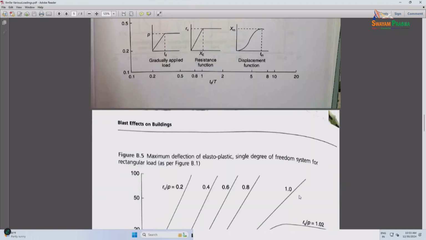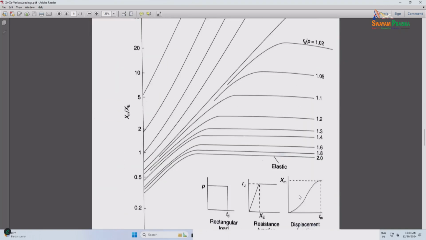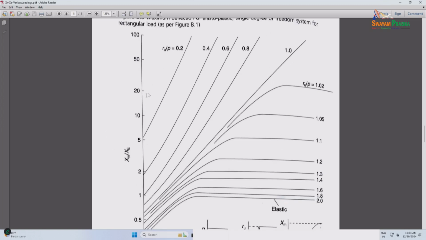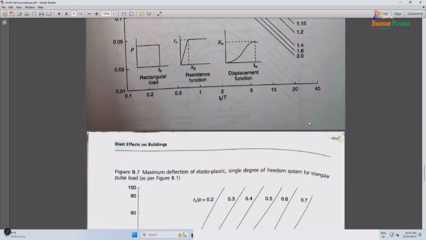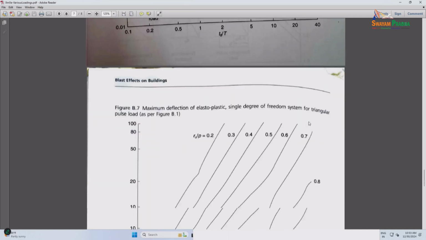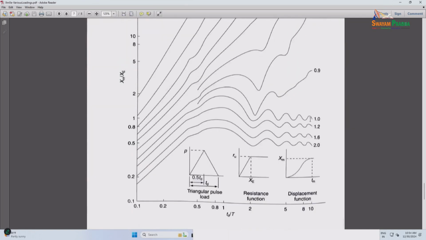Then this is the maximum response for a rectangular load. When you say rectangular, it is P naught versus T. Remember the shock wave versus the blast wave type situations. There again it is different in the high load, high resistance regions. And then finally, this is for a triangular pulse load.